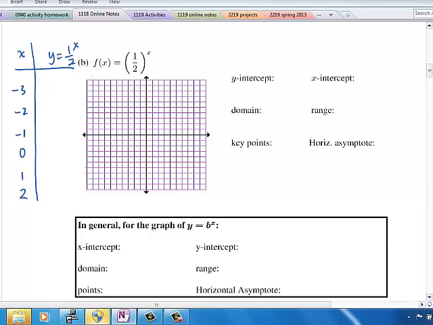This time when we have x equals negative 3, we have 1/2 to the negative 3. So we do a reciprocal, which gives us 2 instead of 1/2. And we do 2 to the 3rd, which should be 8.